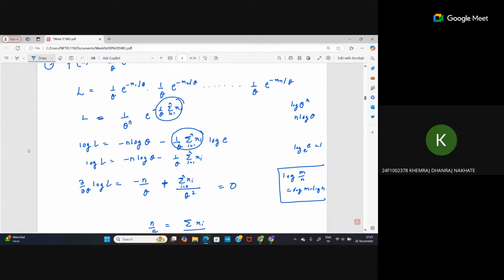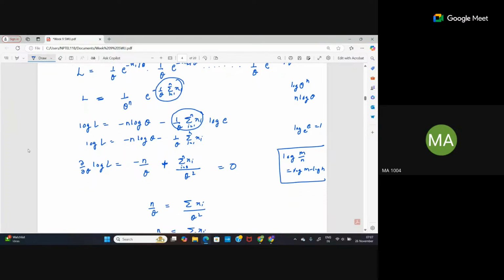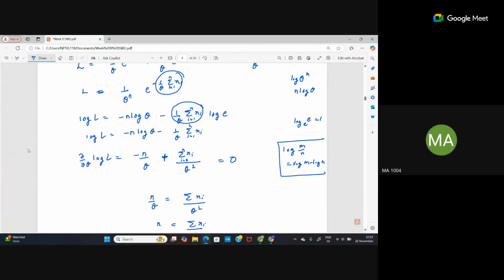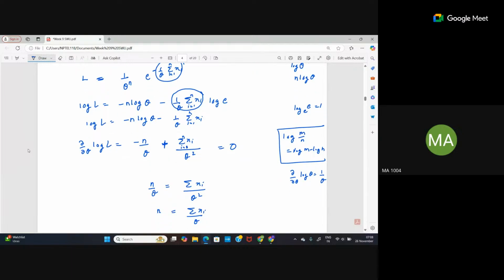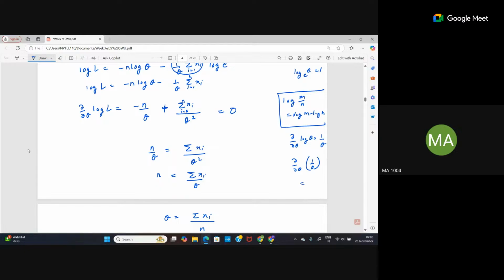Now what we have done, we have differentiated it with respect to theta. Differentiation of log theta with respect to theta is 1 upon theta, so it will be minus n into 1 upon theta. And here it is del by del theta of 1 upon theta, which is equal to minus 1 upon theta square.